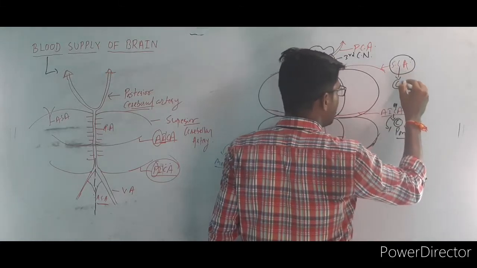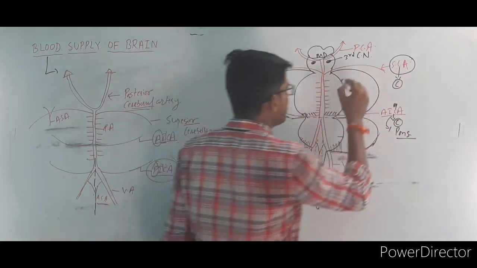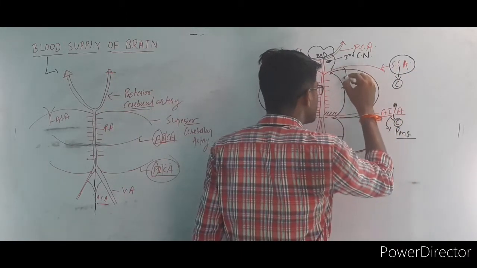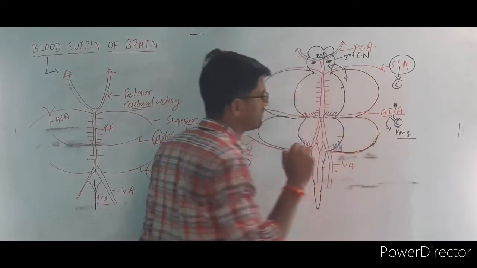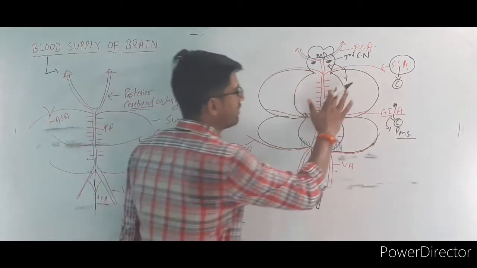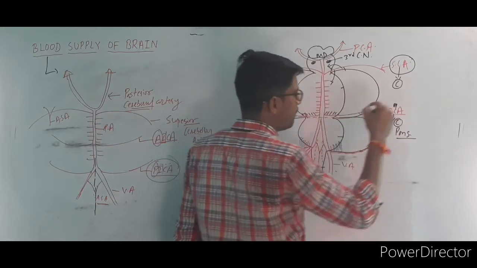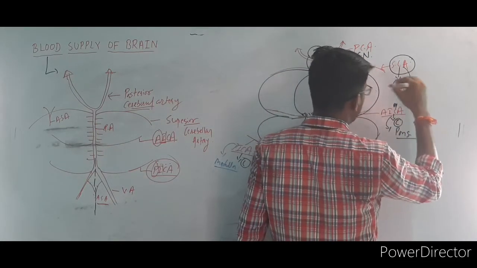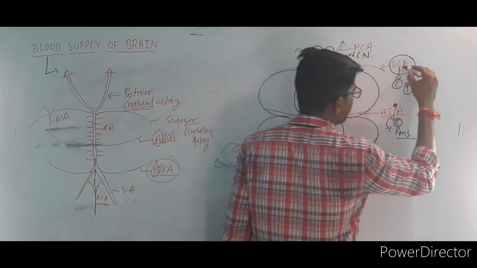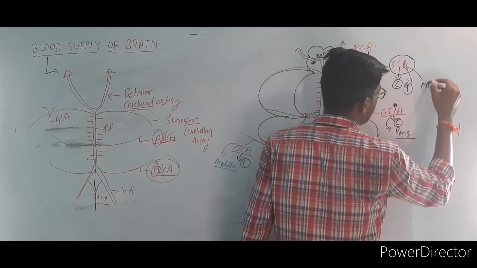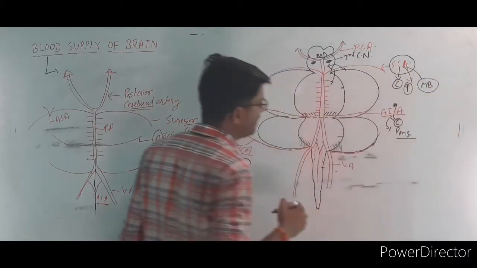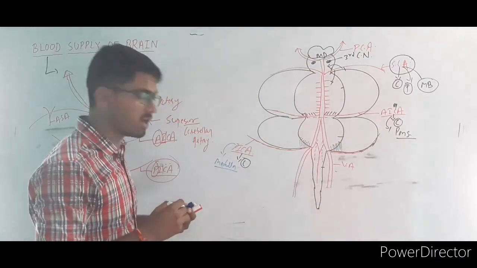So it's supplying the cerebellum, right? It is also supplying these structures, the pons, and also the midbrain. So these things you have to remember.